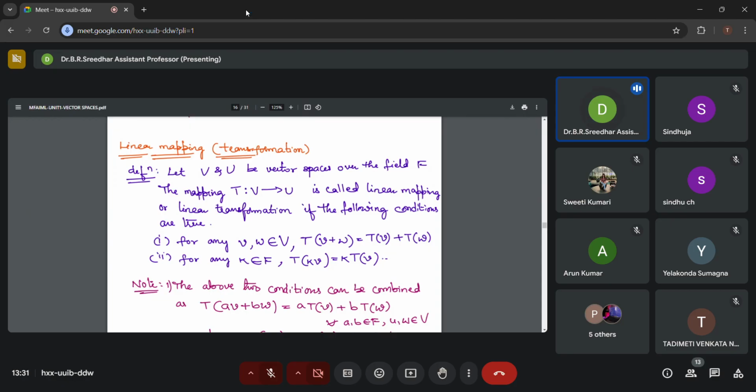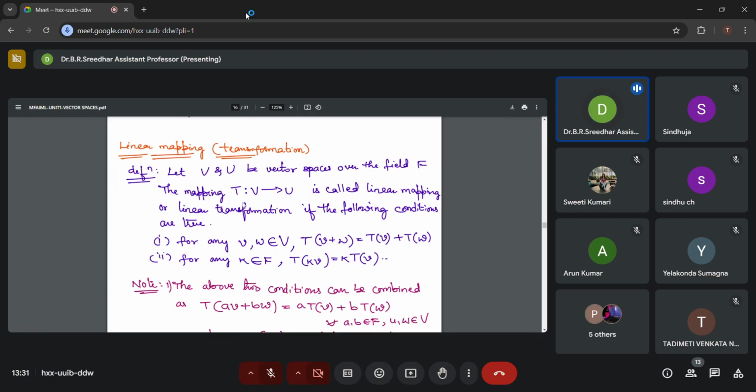The scalar also belongs to the same field F. Then T of kv is equal to k times T of v. If any mapping satisfies these two conditions, then that particular mapping can be called a linear mapping or linear transformation.